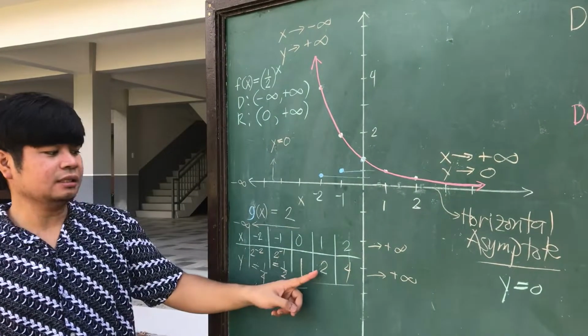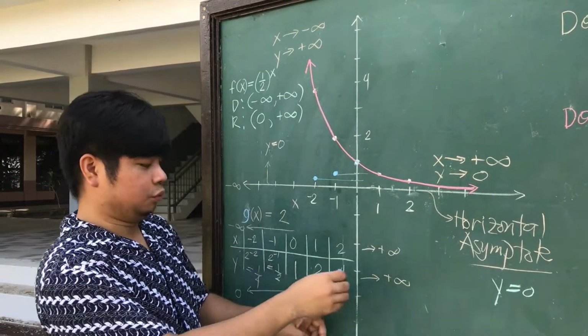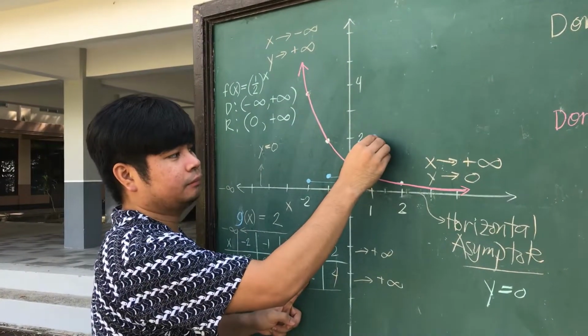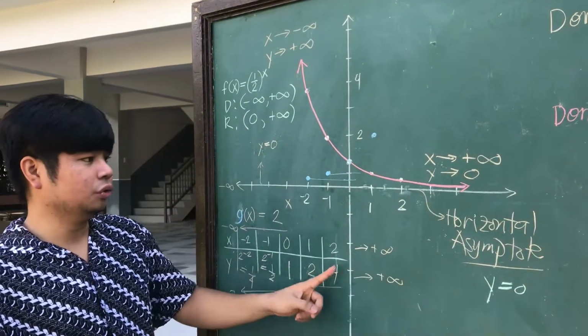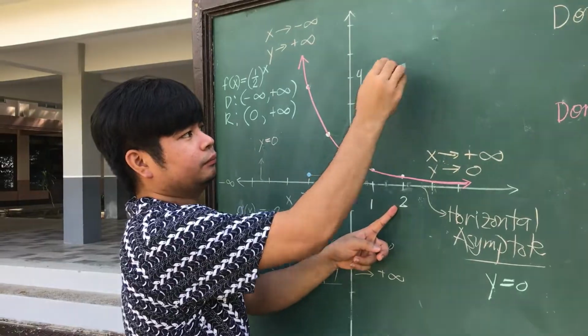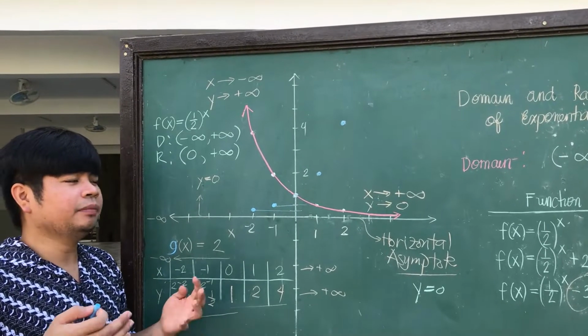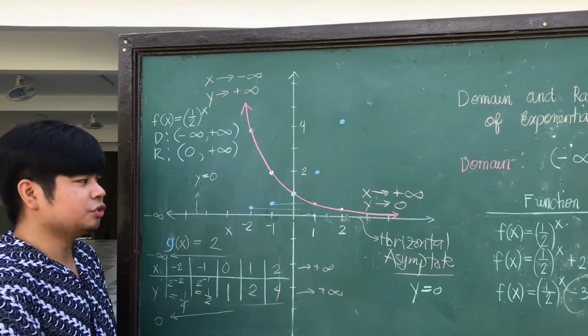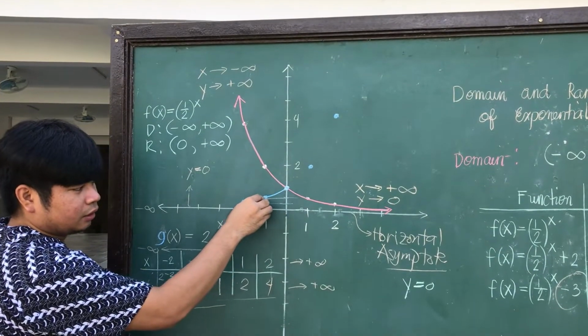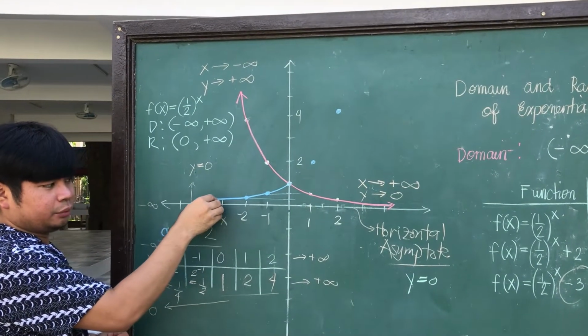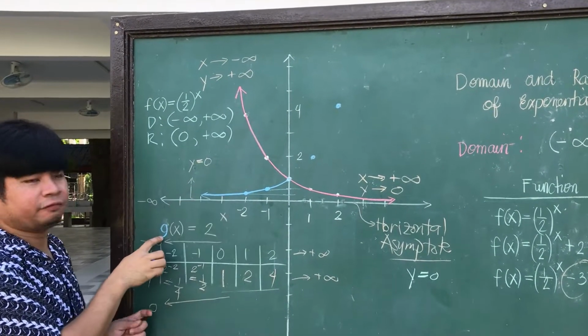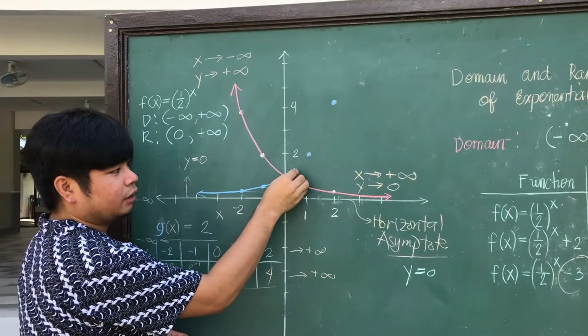Okay? When x is 1, it will give you y that is 2. And when x is 2, y is 4. I am now connecting the points, and you see the behavior. Y here will never be 0 for function g. So I'll connect this also.